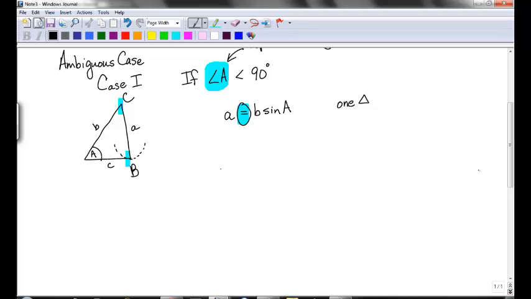If the angle they give you is less than 90. If you check and the A and B sine of A, if you multiply B times the sine of angle A, if A is less than, okay, if this ends up to be a less than symbol, okay, then there is no triangle. There's no solution. Okay. What that would look like picture-wise, it would look something like this, like the angle they give you.